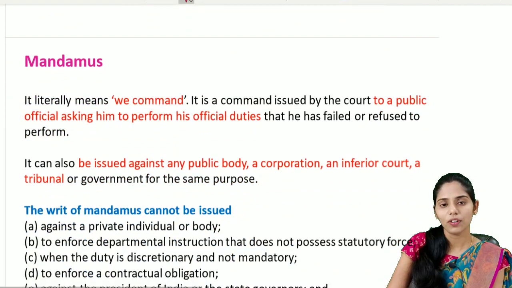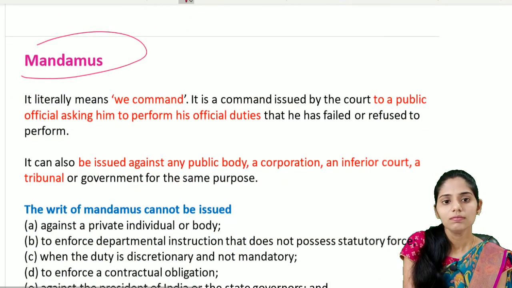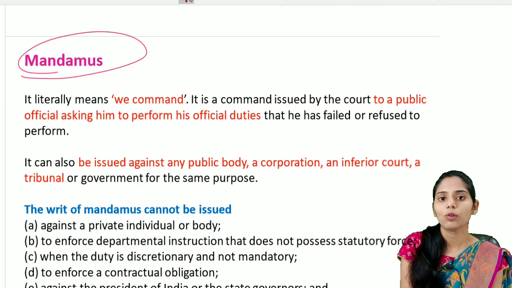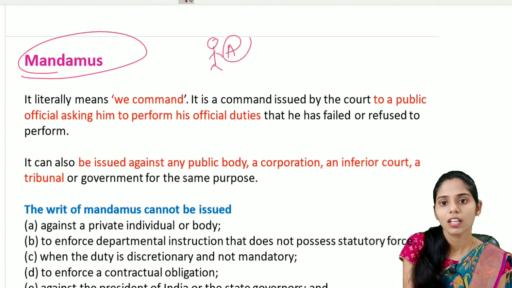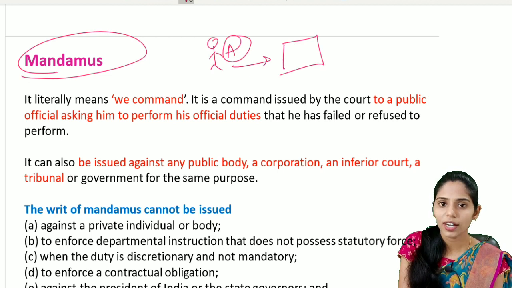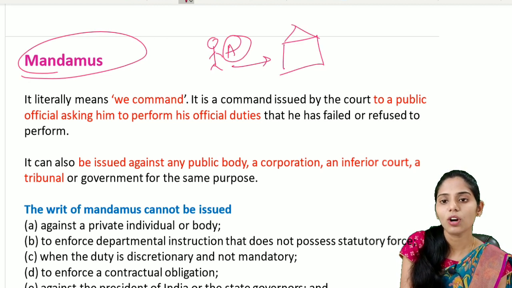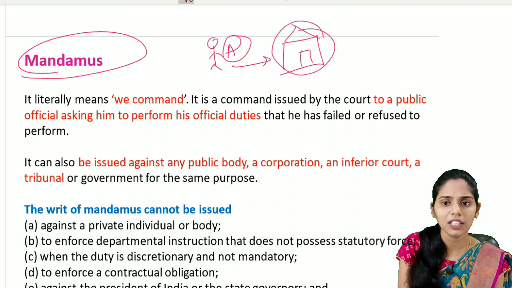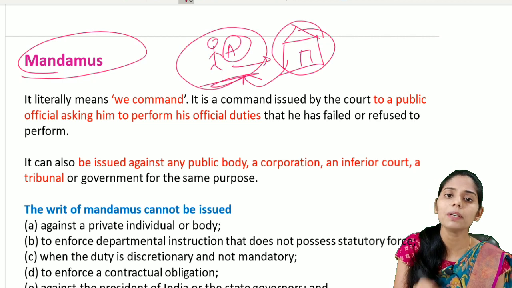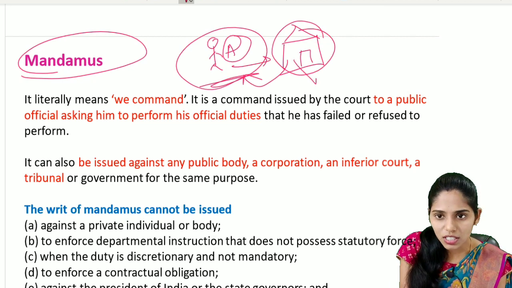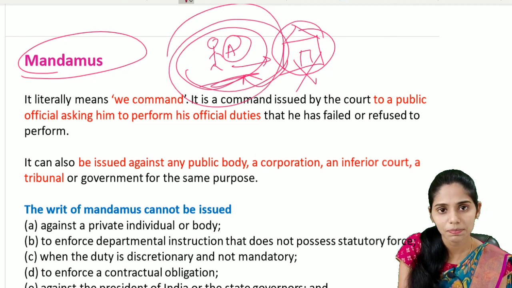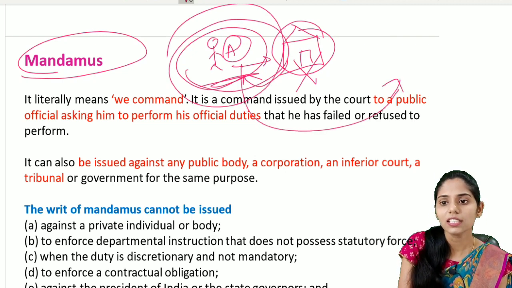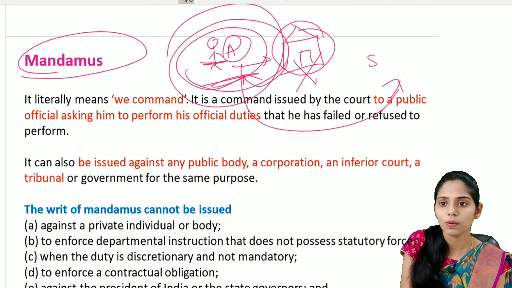Let us see the next important writ, that is mandamus. Before getting into mandamus, I want to give you an example. Suppose there is a person A. There is a public authority or public office which has to do its work. But this public office is not doing the work and thereby is violating the fundamental rights of A. Because this office is not doing its work, it affects the fundamental right of person A. So at this time, this person can move the Supreme Court directly.